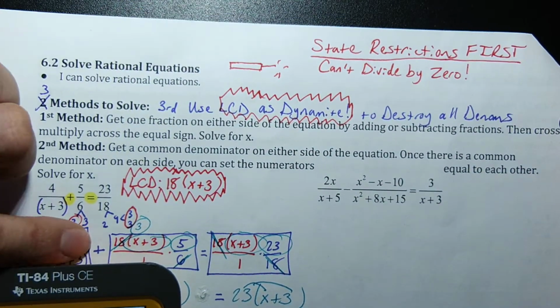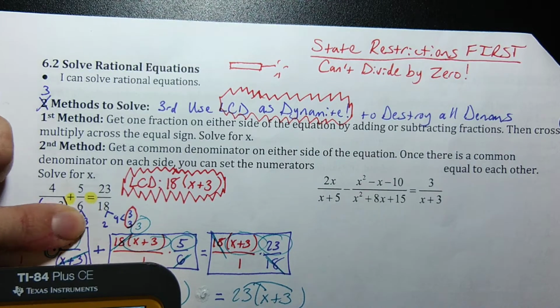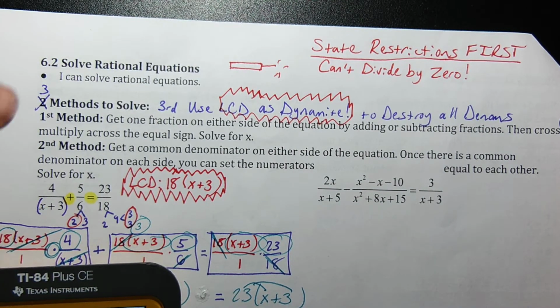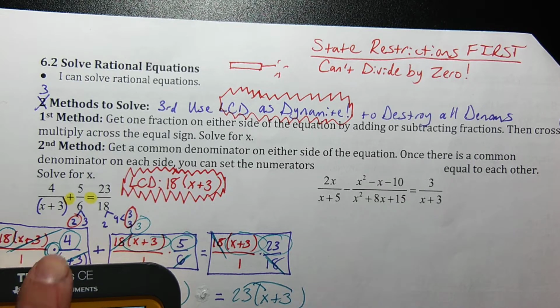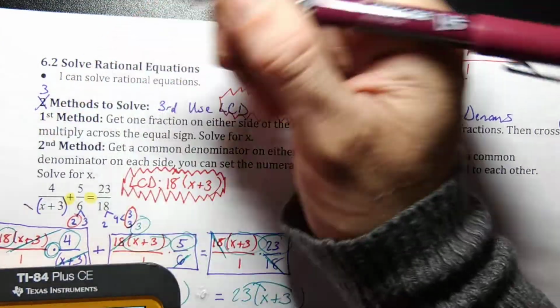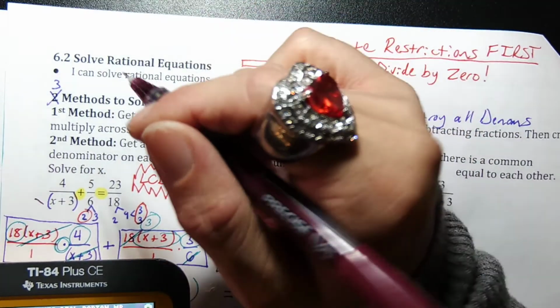So I look at 18, that's okay to divide by. I look at all of the denominators and I try to figure out what values of x are not going to be allowed. I looked at each denominator, found the one with the variable, and it's kind of like the opposite of finding an x-intercept.